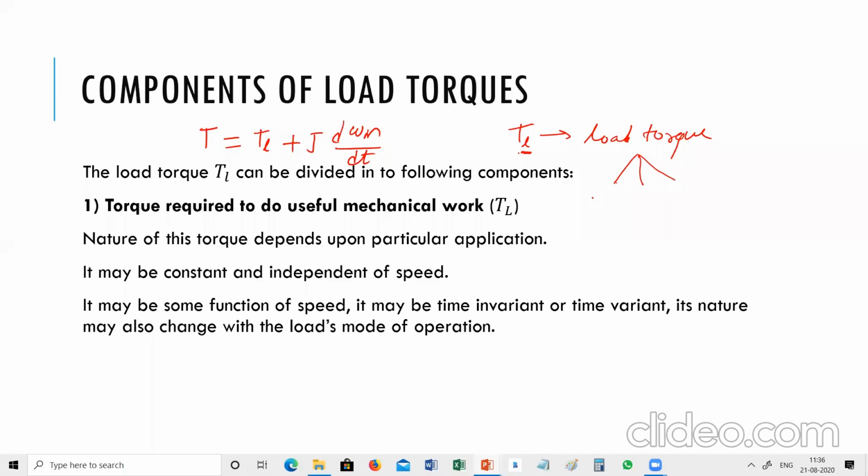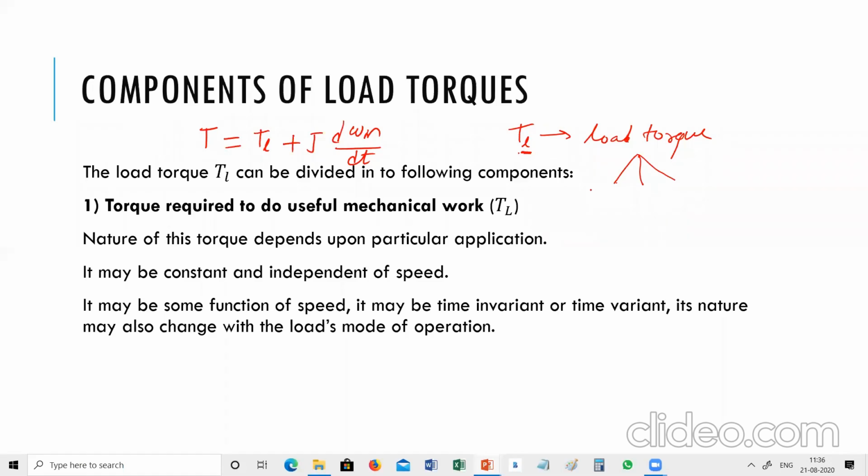But in case of drives, we have to overcome those losses, which means we have to provide them also. In case of drives, we use the word torque instead of loss. So the load torque means: if you want to run the load which is connected to the shaft of the motor, we have to provide three components of load torque.